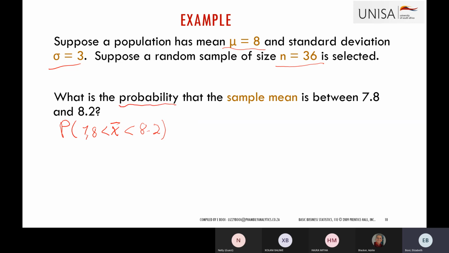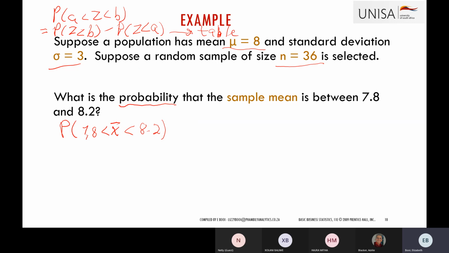So I already know that when I find the probability between two values, I will find the probability of Z less than B minus the probability of Z less than A. And then I will have to go to the table to find those probabilities.